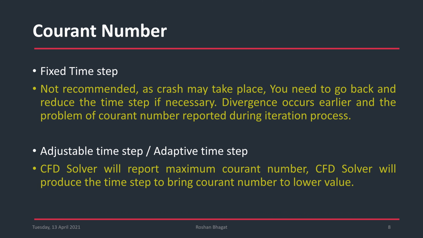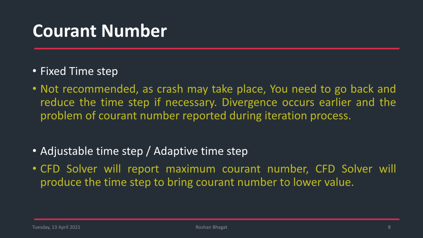Now there are two things to take into consideration while running the simulation: one is a fixed time step, and the second is an adjustable time step. Fixed time step means whatever time step we have specified, we are not allowing the system to change it over time. This is not recommended because divergence can occur earlier, and Courant number problems are reported during the iteration process.